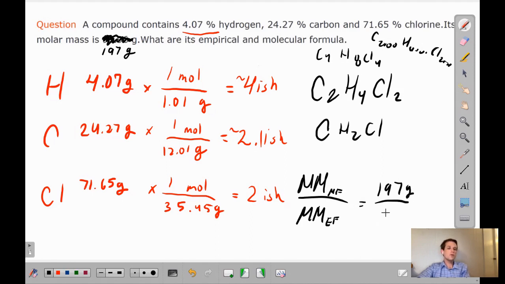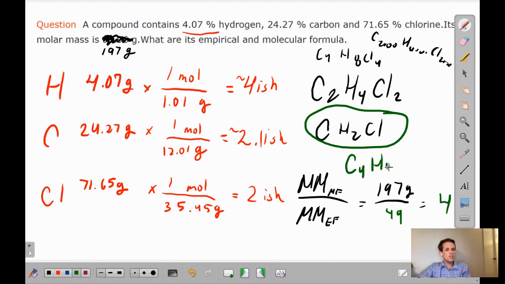And for the molar mass of the empirical formula, I think it's 49. Yeah. So 197 divided by 49 is about 4. That tells us that the ratio from molecular formula to empirical formula is 4. So we just take our empirical formula and multiply all the subscripts by 4. So that'd be C4H8Cl4. And that's our final answer.